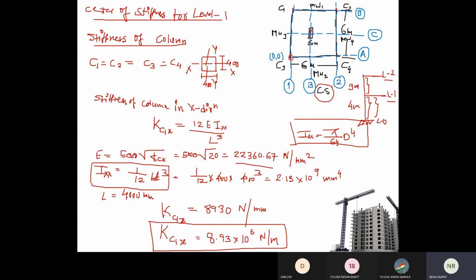Here I am showing the columns with circles for easiness. You don't need to draw circles. This one is also, this one is also, right? So total stiffness of grid A.